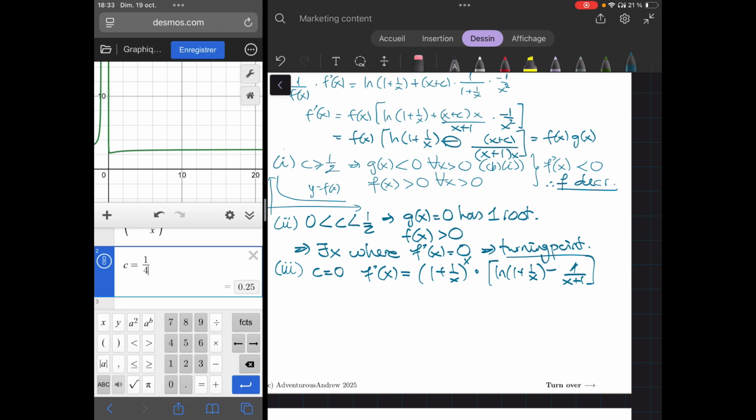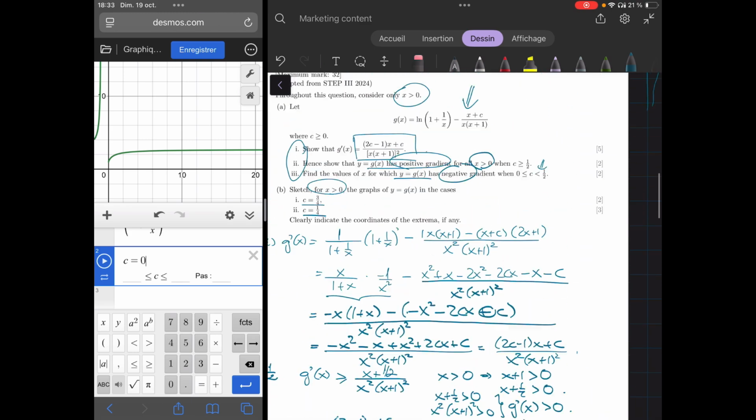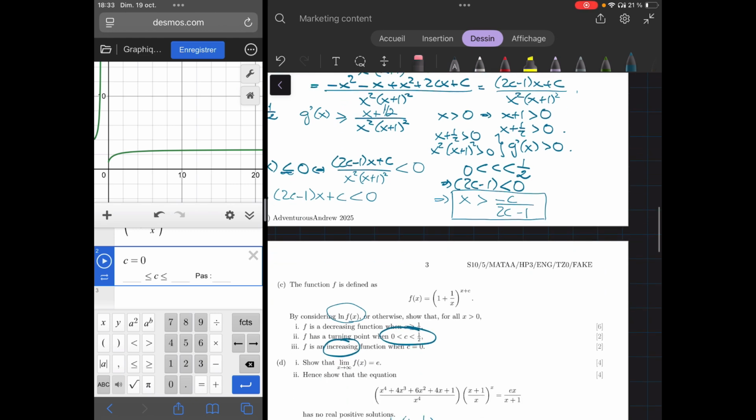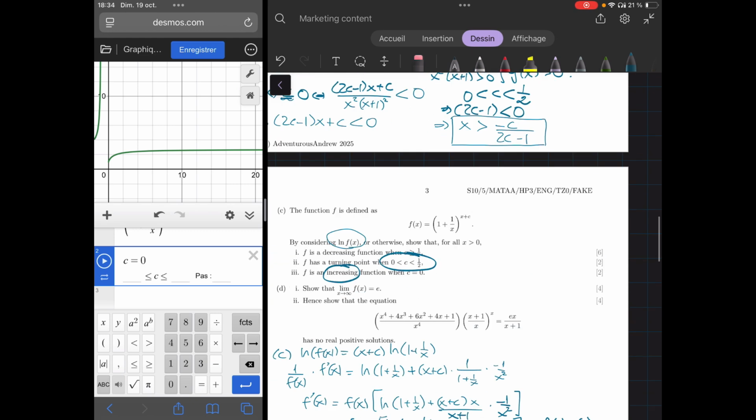Once again, this part is strictly positive, and we also know that if c is equal to 0, then g of x has negative gradient.